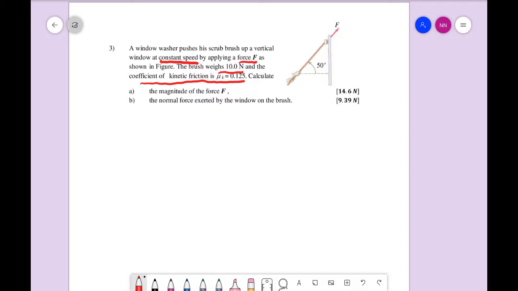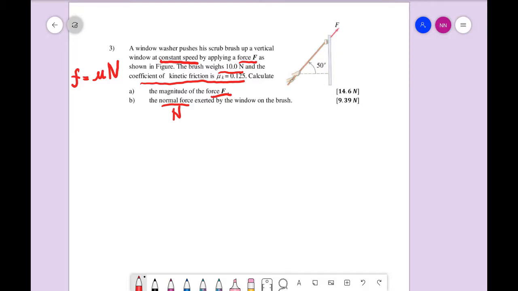We can determine friction by using the formula friction equals coefficient of friction mu times normal force N. Calculate the magnitude of force F and the normal force N exerted by the window.